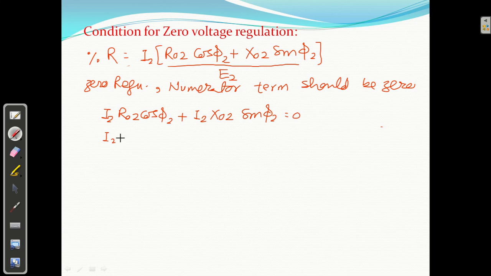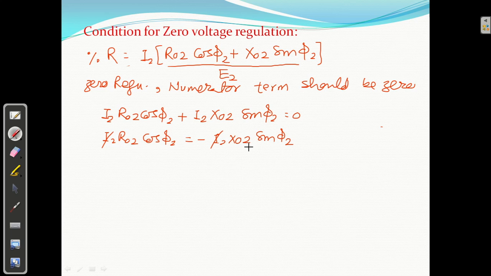इसका मतलब है I2 R02 cos phi 2 equal to minus I2 X02 sin phi 2. I2 will be cancelled.